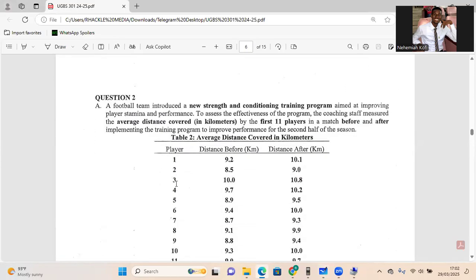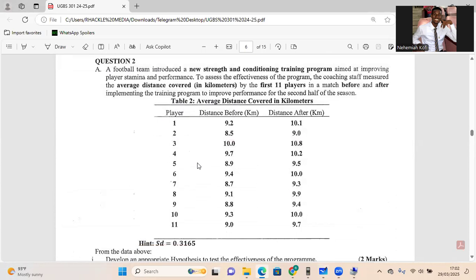Now let's quickly move on to question 2. Question 2, A, is a paired sample question, which is also under hypothesis testing for two populations. For paired sample, we normally use it to check whether there has been a difference between the same kind of situation before and after some particular incident.